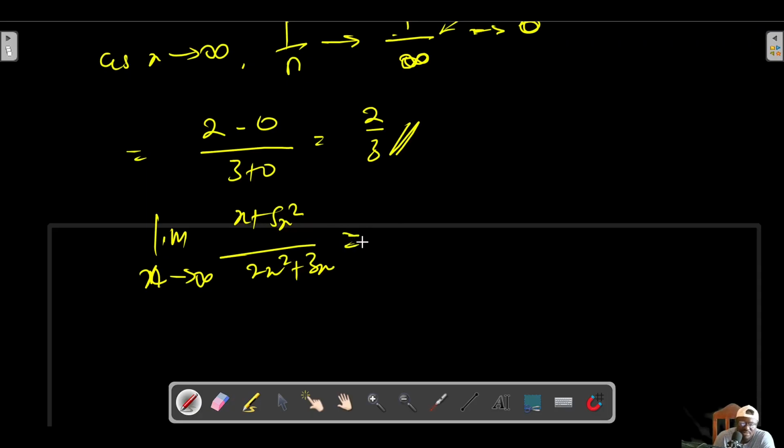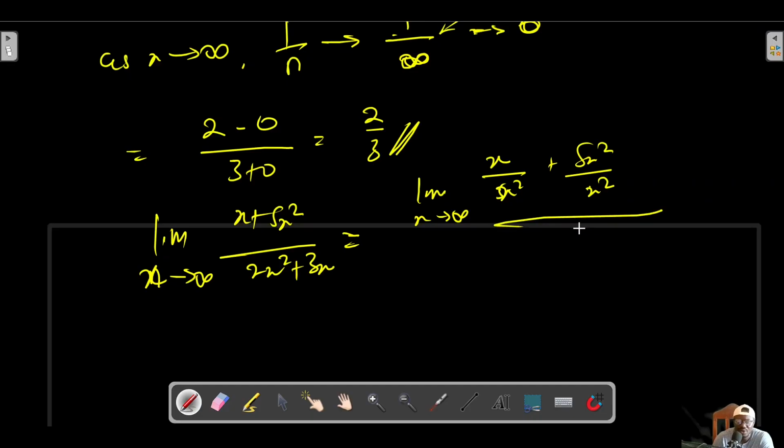So divide through by the greatest power of x, which is x squared. x divided by x squared, 5x squared divided by x squared, all over 2x squared divided by x squared plus 3x divided by x squared.